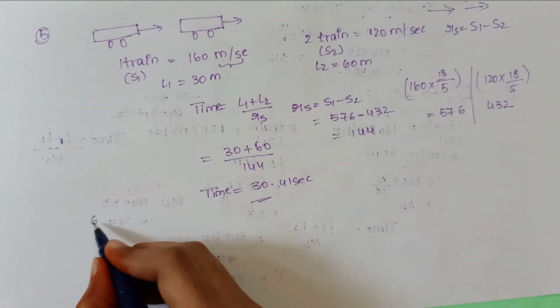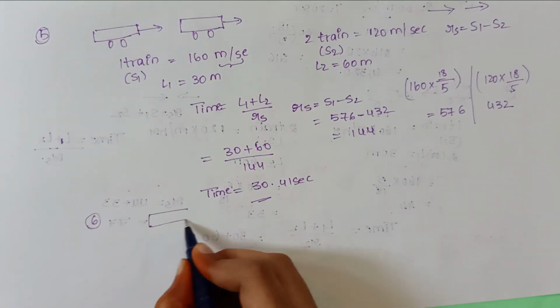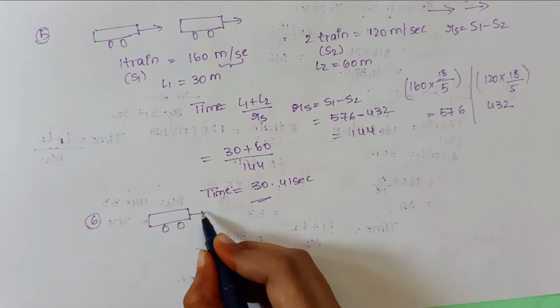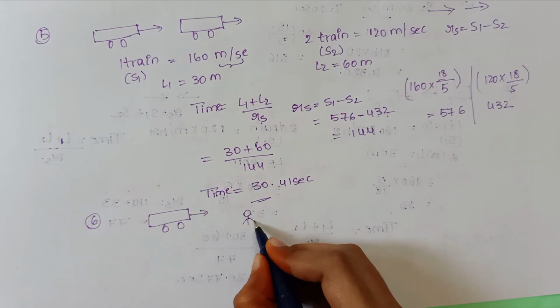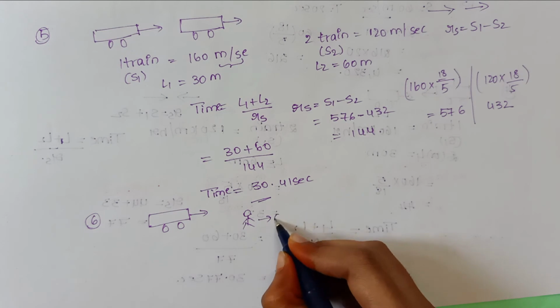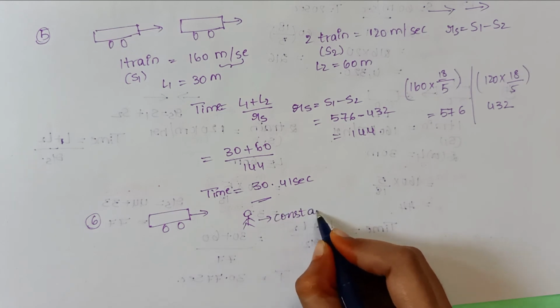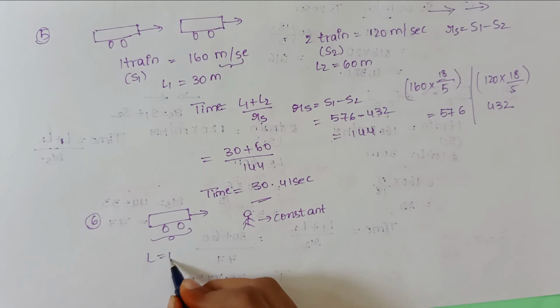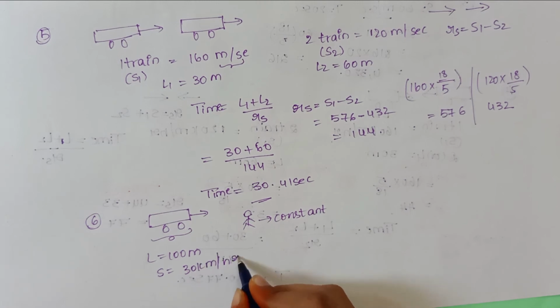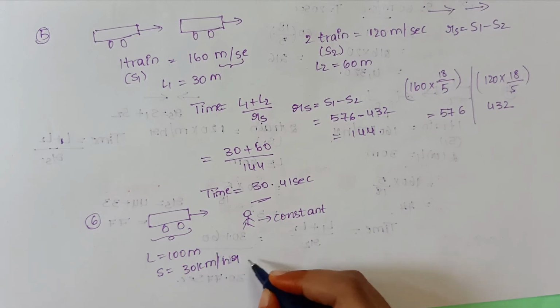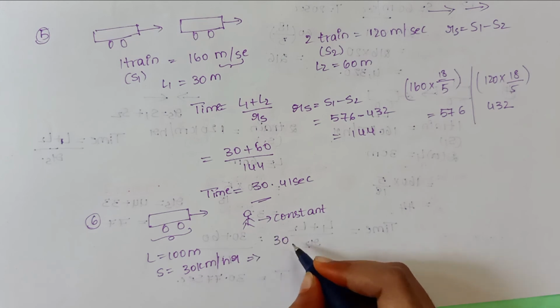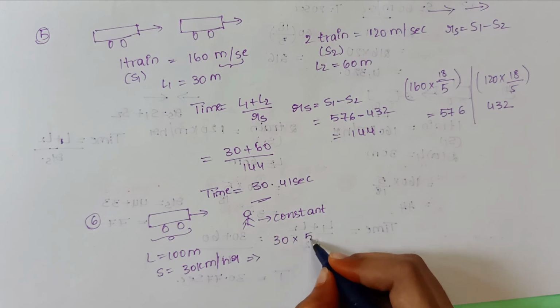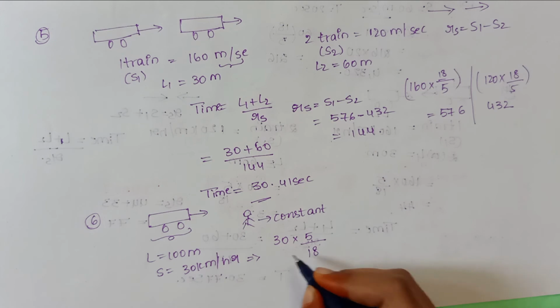Now, sixth example. When train is moving, but person is constant. Where this length L is 100 meters, speed is 30 km per hour. We want to convert now 30 into 5 by 18.